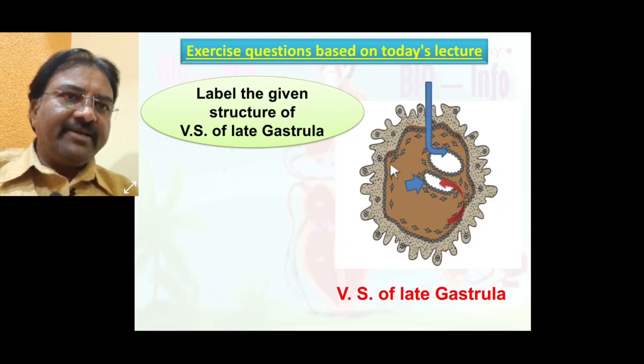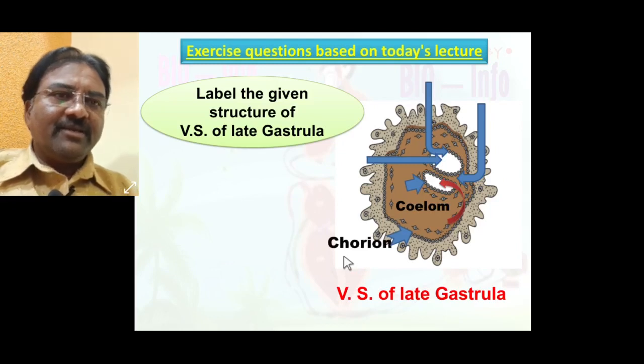It contains a cavity called the amniotic cavity, and between the ectoderm and endoderm, mesoderm is seen. In the mesoderm the coelom cavity is present, and covering the coelom, chorion is seen here. So here we labeled the VS of late gastrula structure.